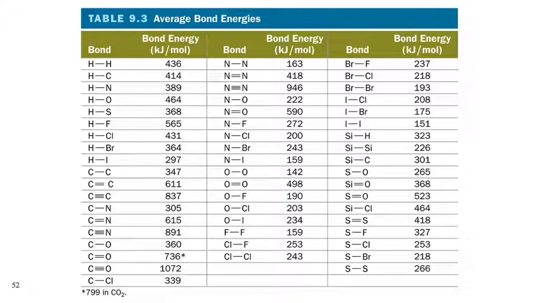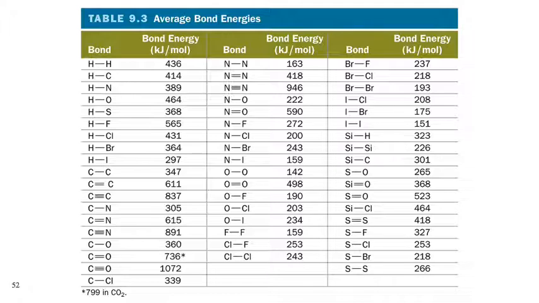We've got a carbon-oxygen double bond. Is our carbon-oxygen double bond in CO2? Yes, it is. So then we're using the 799 instead of the other one.